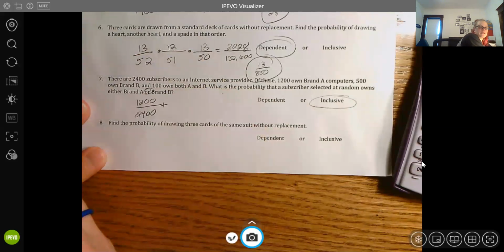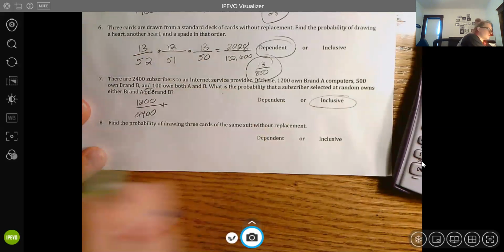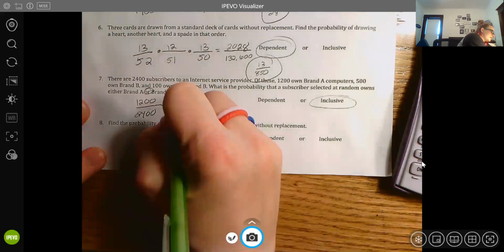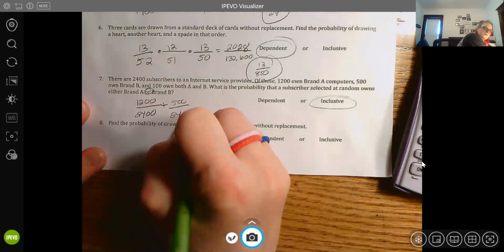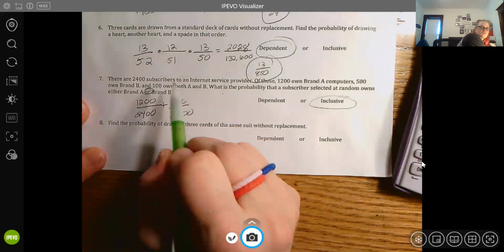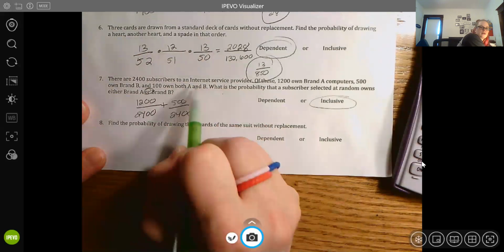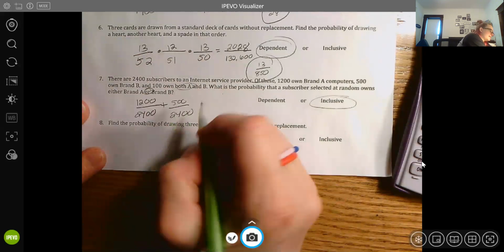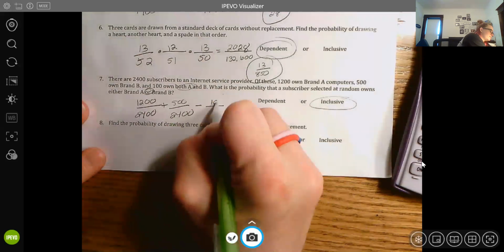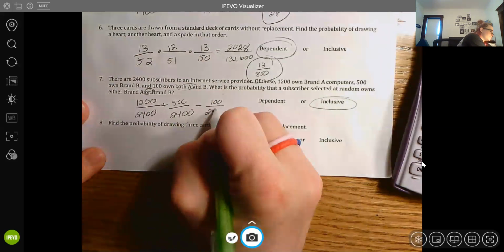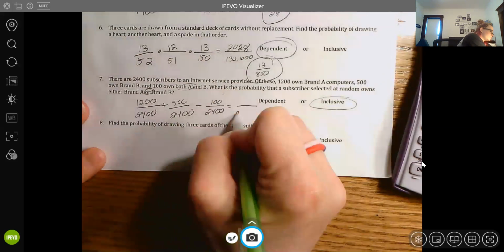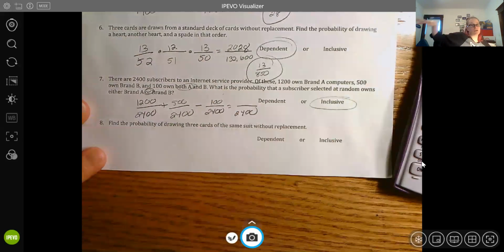How many had brand B? 500. Still out of the 2,400. Okay, but we had that own both of them, so I'm going to subtract that duplicate 100 out. Because I'm adding and subtracting, all the bottom stays the same.